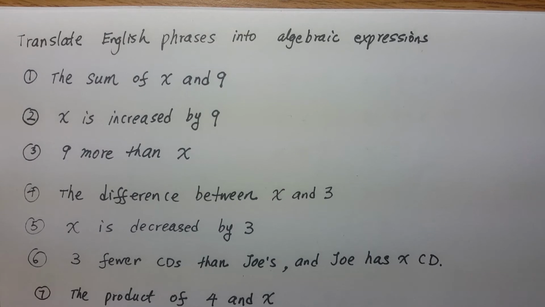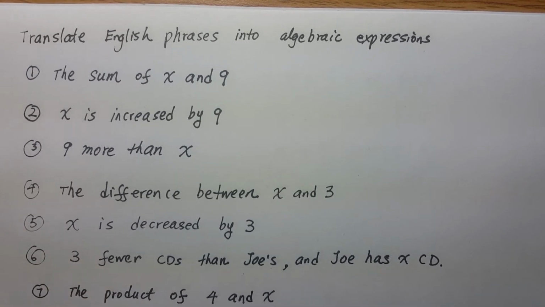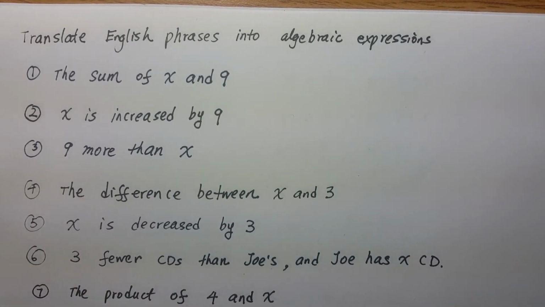So you know minus means subtraction, and multiply and times all mean multiplication. So today we are going to learn or review some special vocabulary that indicates addition, subtraction, multiplication, and division. If you already know them, that would be perfect. If you forgot, today is time to review.